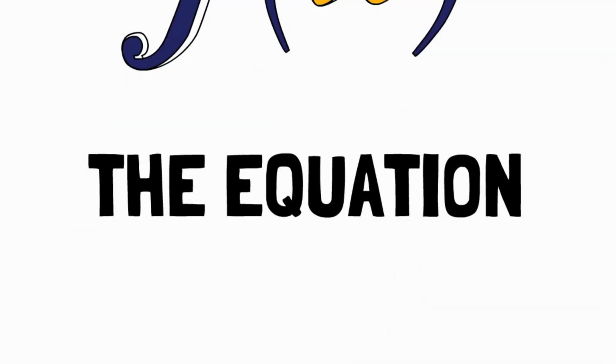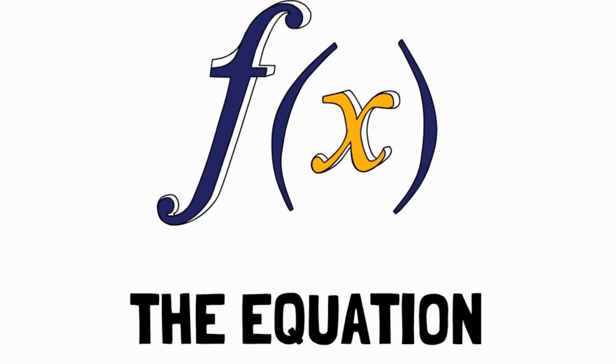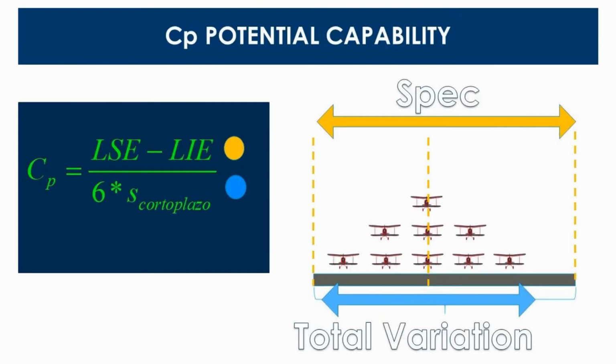Let's go to the formulas. What is CP, or potential capability? Well, it's the comparison between the spec and the total variation. Of course, the spec needs to be higher than the variation. Something that is important to say here is your variation could be outside of your spec and you can still have a good number of CP.